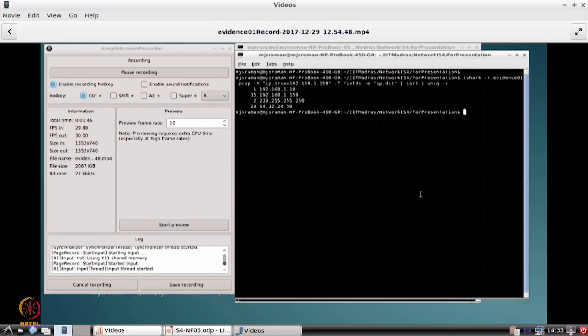So, let us take a look at the usage of the command whois, and with whois we are going to type 64.12.24.50.